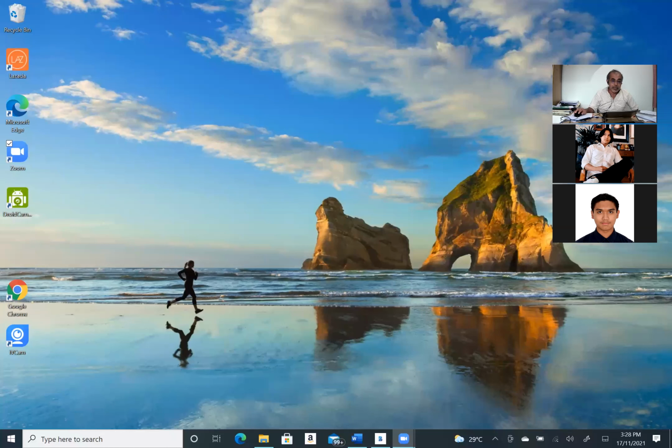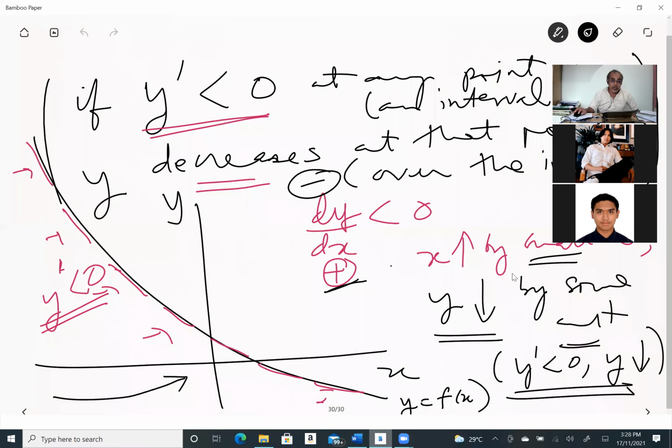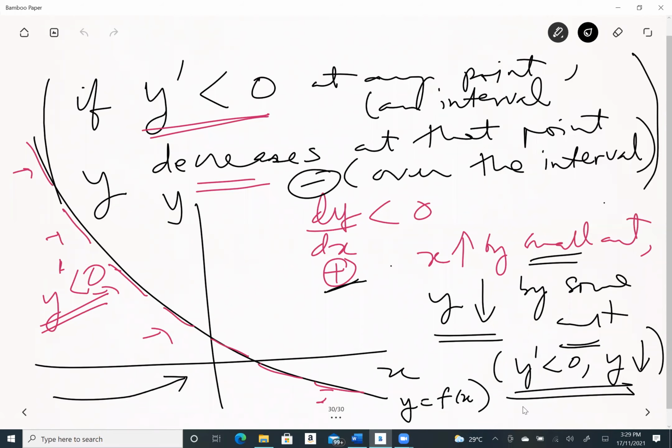Now we are going to do the first derivative test. If you recall, I stopped at the point where we were talking about the relationship between the derivative and the behavior of the function.